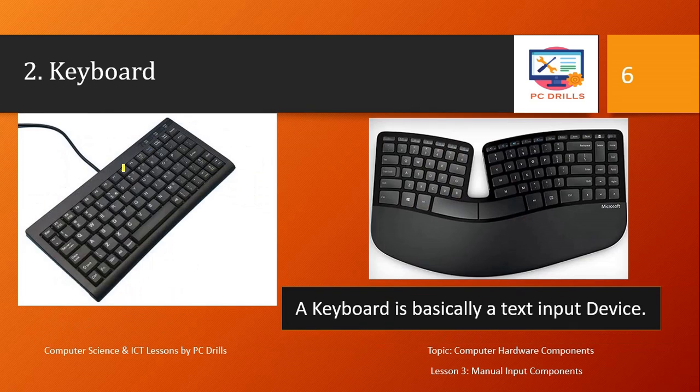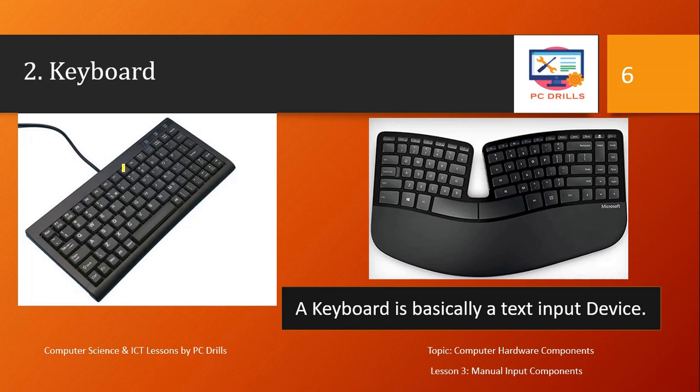Next, we have a keyboard. Keyboards come in various sizes, various colors, produced by various manufacturers with various designs. It depends on who produces the keyboard and how they would like it to be. On the left, you have the standard one. On the right, you have the other one, mostly called an ergonomic keyboard.